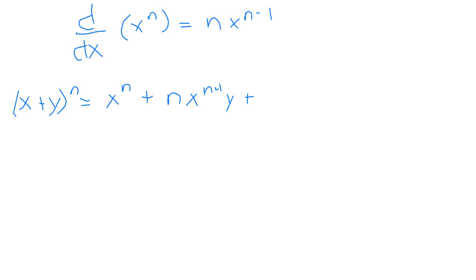We know it's going to be x to the n minus 2 and y to the 2. But what is multiplying it in front right here? Do you remember? Or do you remember how to find it?